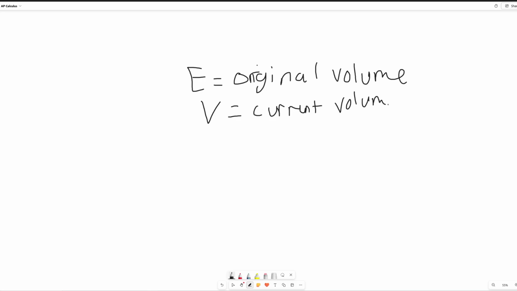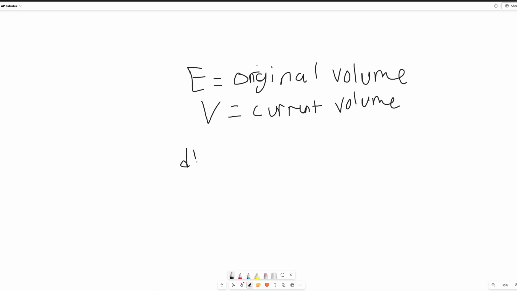A differential equation question will ask, what equation represents the scenario where the rate of change of volume is proportional to the difference between the original volume and the current volume?